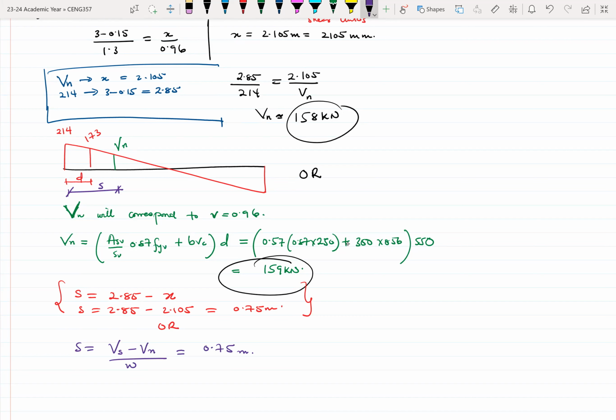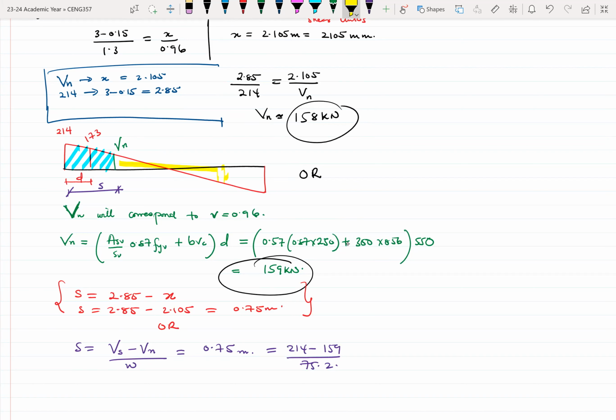This is the same as 214 minus 159 over 75.2. So this is the extent of the shear links, which means that our shear links would have to be in this zone. So this is for the shear links, and then our nominal links will be in this zone.